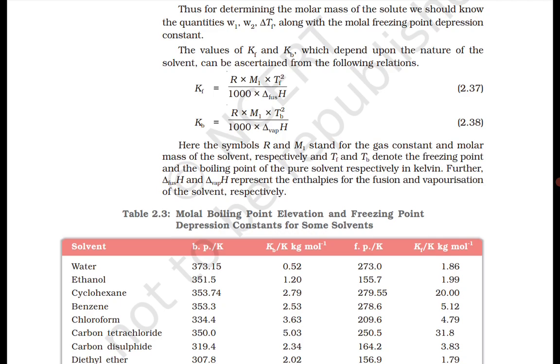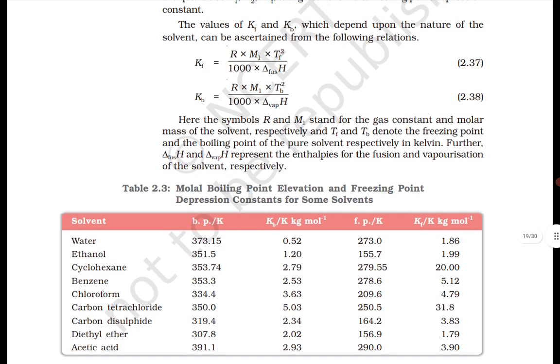The values of Kf and Kb, which depend upon the nature of the solvent, can be ascertained from the following relation. Kf = R × M1 × Tf² / (1000 × ΔH fusion). Kb = R × M1 × Tb² / (1000 × ΔH vaporization), equation 2.38.